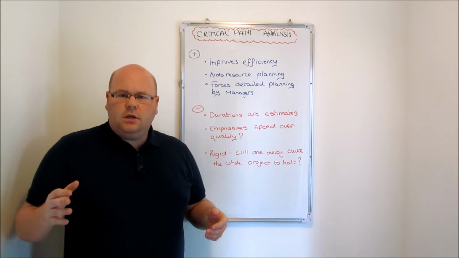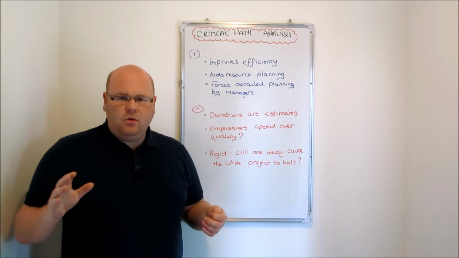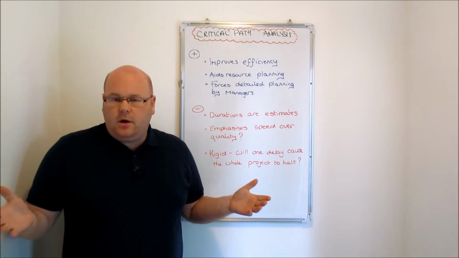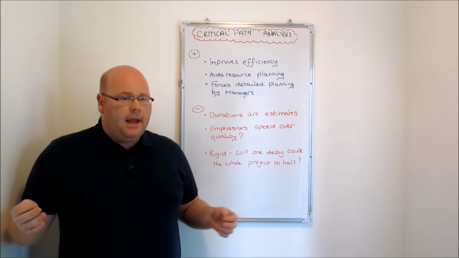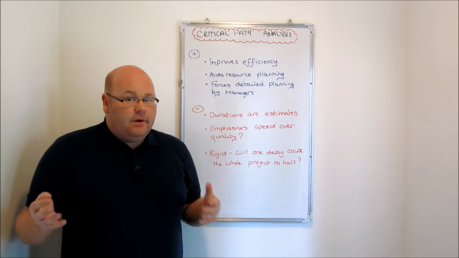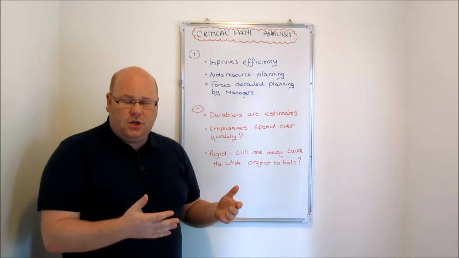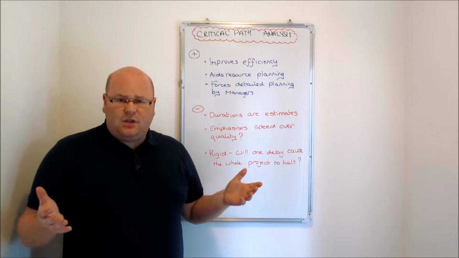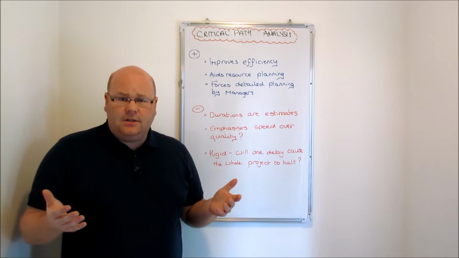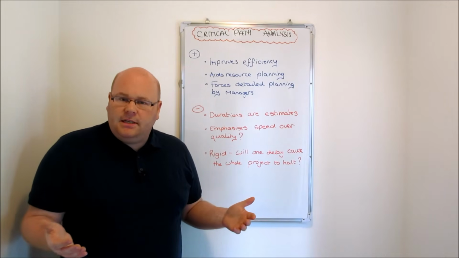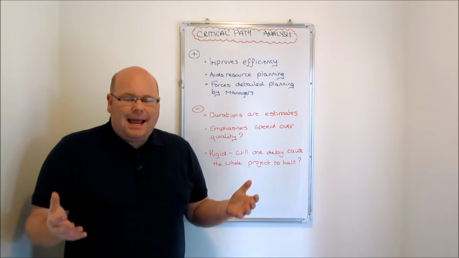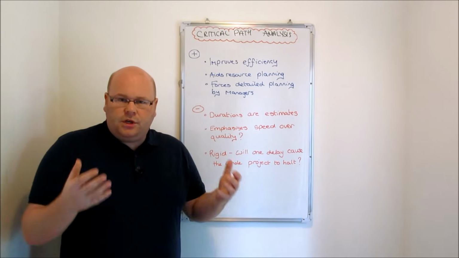It might mean that those consultants we now can't cancel, and perhaps they're arriving and we don't have tasks ready for them to work on. It might mean that we have to take delivery of that inventory, but we're not ready to use it yet, and we've got to find some way of storing it, which ups the organization's costs. And because of the rigidity of critical path analysis, we plan everything out, we script everything, we structure it.